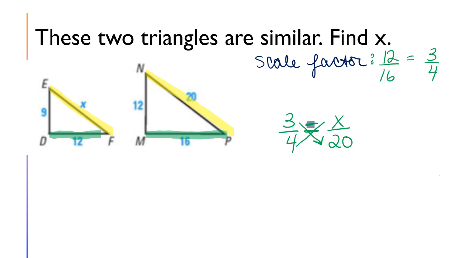To solve this, I'm going to cross multiply. I multiply each fraction's numerator by the opposite one's denominator. 3 times 20 is 60. 4 times x is 4x. And then to solve for x, we just divide both sides by 4. So x has to be 15.